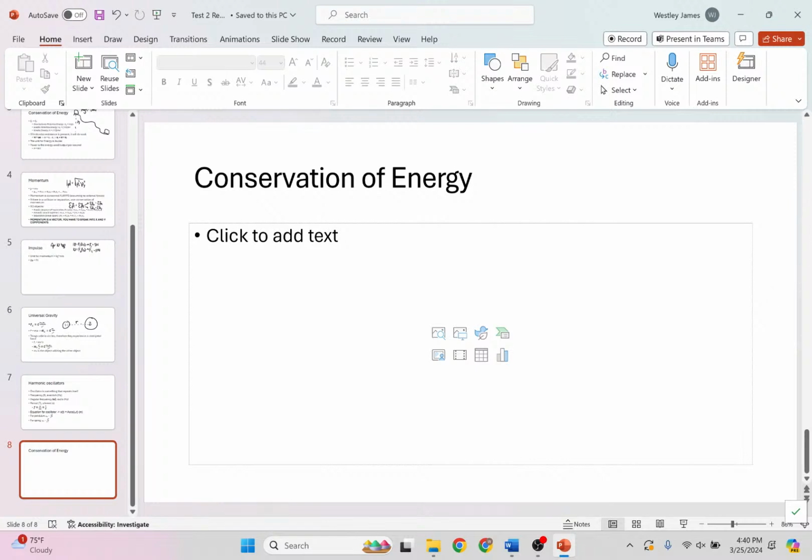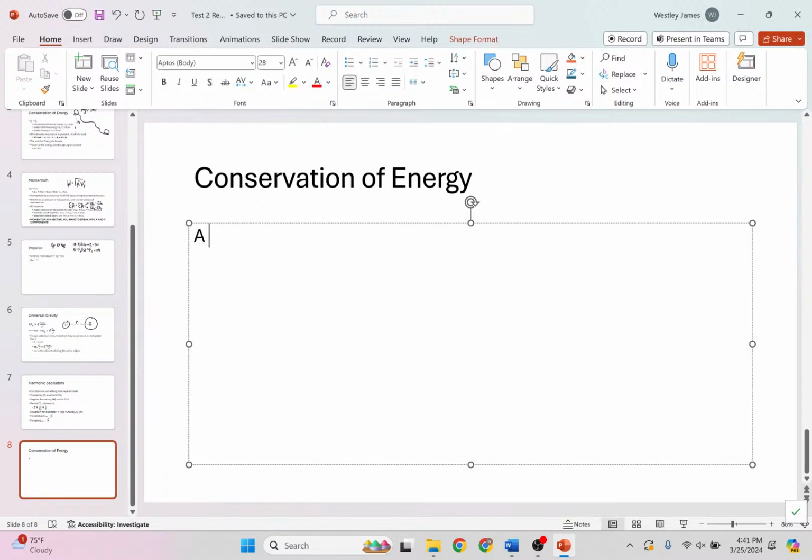Okay, so a horizontal spring is located 5 meters above ground.